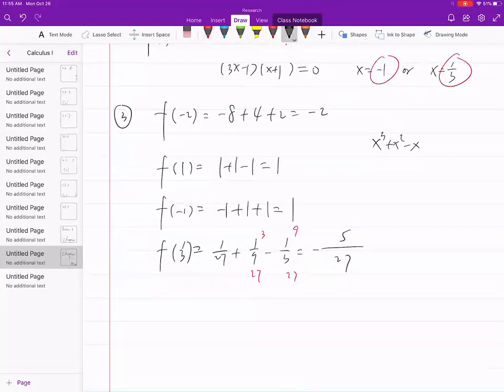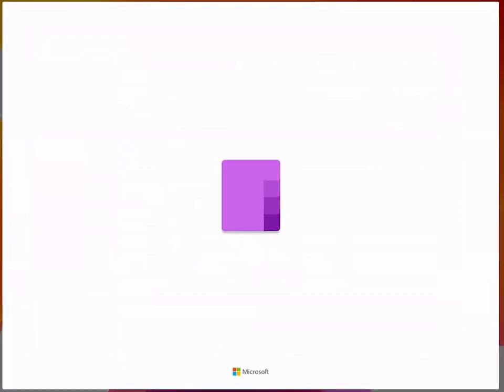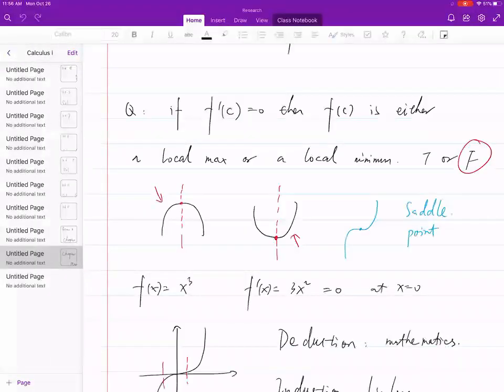So answer. Absolute maximum 1 at x equal to 1. Okay, I will just finish this.